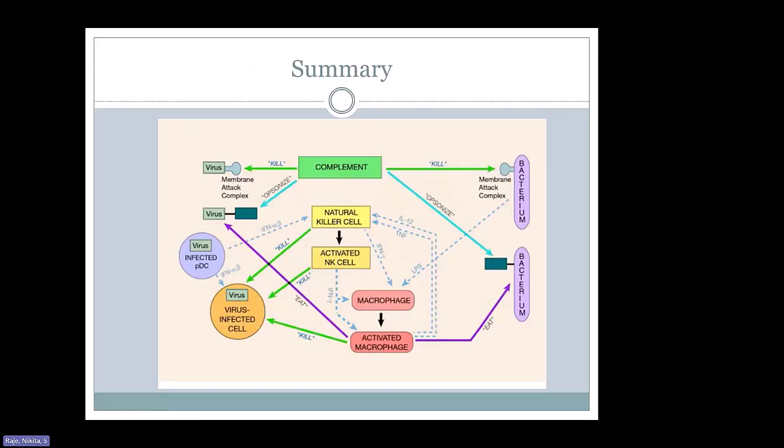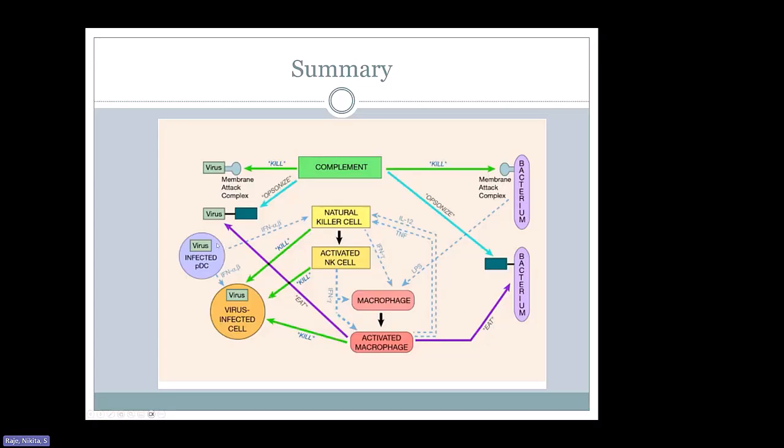This is the overall innate immune system, apart from just the macrophages. Macrophages are in an inactive state, but when activated, they will release cytokines, and they will also help in killing the microbes. Natural killer cells, again, will release cytokines that help in activation of macrophages, and the activated NK cells will kill the microbes or kill the target cells.